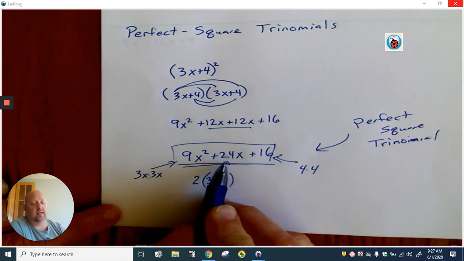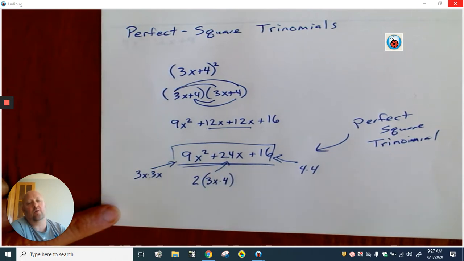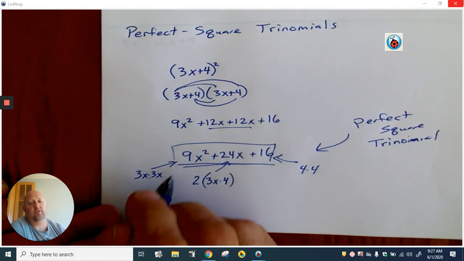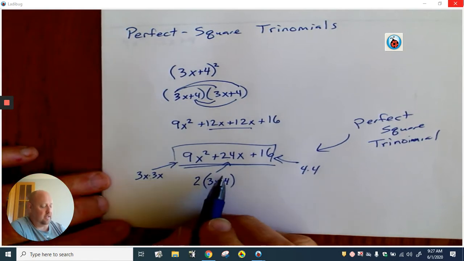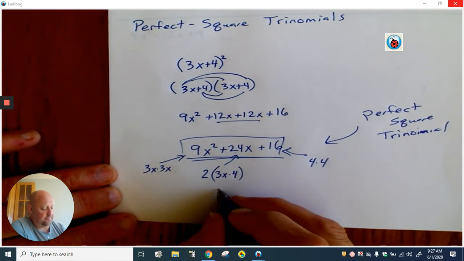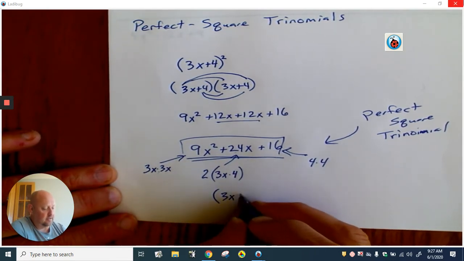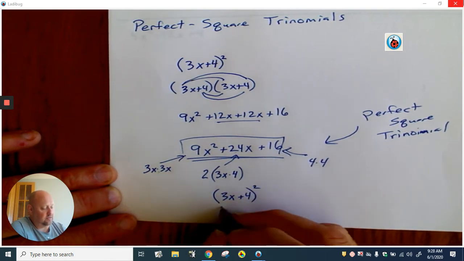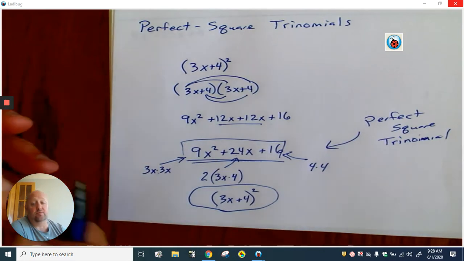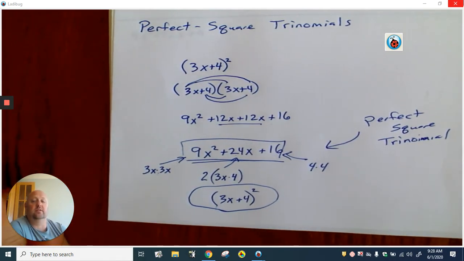If that gets you to that middle term, then you know this is a perfect square trinomial. And then what it's going to end up factoring back into is the 3x plus 4, and you square it, and you're done. That's really what the answer is going to be. So it takes all the guess and check out of it.